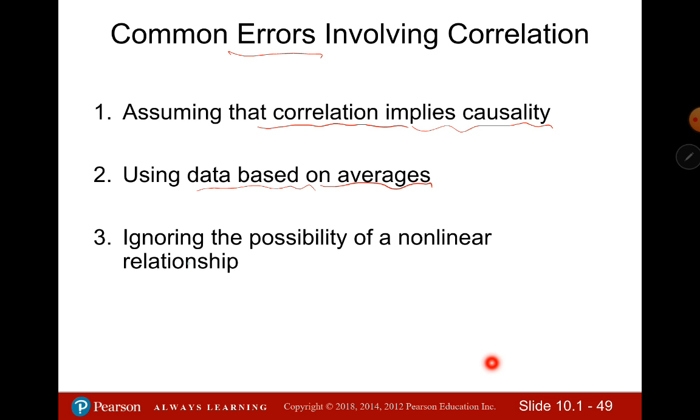And the last one is sometimes we just ignore the nonlinear relationship. We can only see if the value is very low, right? If it's a very low value for the R and for the R squared, we could only interpret that there's no strong linear correlation between X variable and the Y variable.